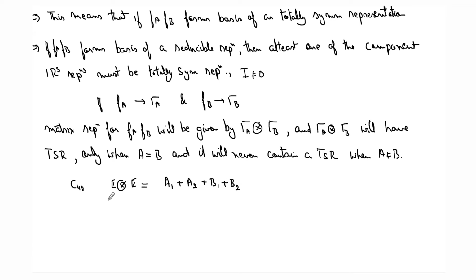So that would mean that if FA forms the basis of E and FB forms the basis for E in this particular case, then I will not be equal to 0. Otherwise, if FA and FB are forming basis for two different representations, then I will be equal to 0. So the problem is now very simplified.